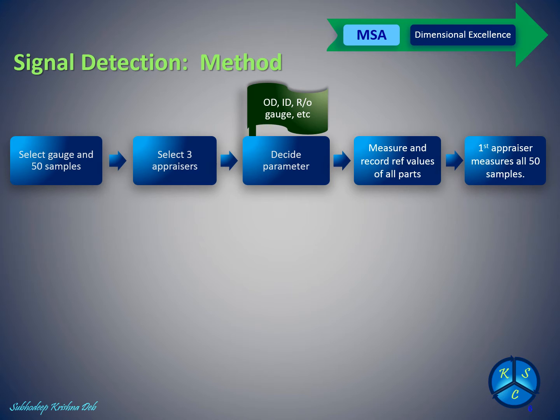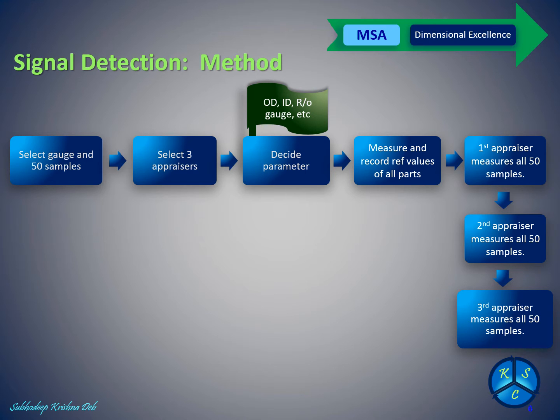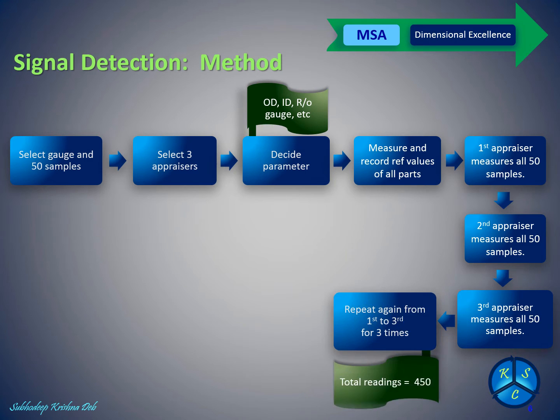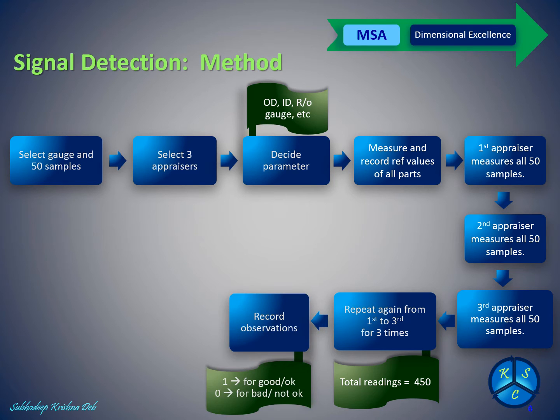And then the first appraiser needs to measure all 50 samples. After that, similarly as in the previous MSA methods we have seen, the second appraiser needs to measure all the 50 samples, and then the third, and this needs to be repeated for 3 times, for 3 trials, and ultimately we will end up with 450 readings.